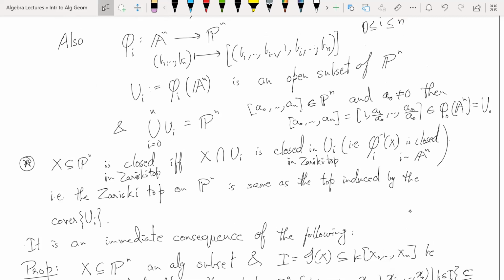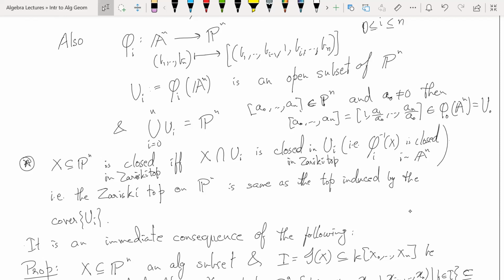In other words, phi_i inverse of X is closed in An. We are identifying Ui with An via the map phi_i. So saying that X intersection Ui is closed in Ui is the same as saying that phi_i inverse of X is closed in An.